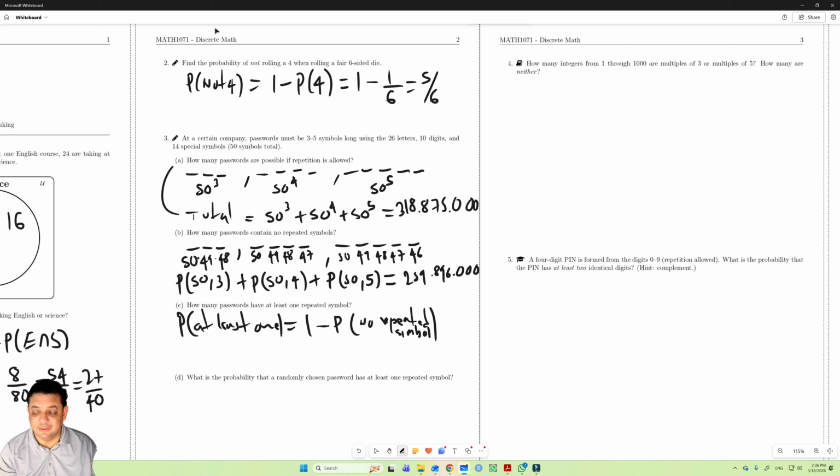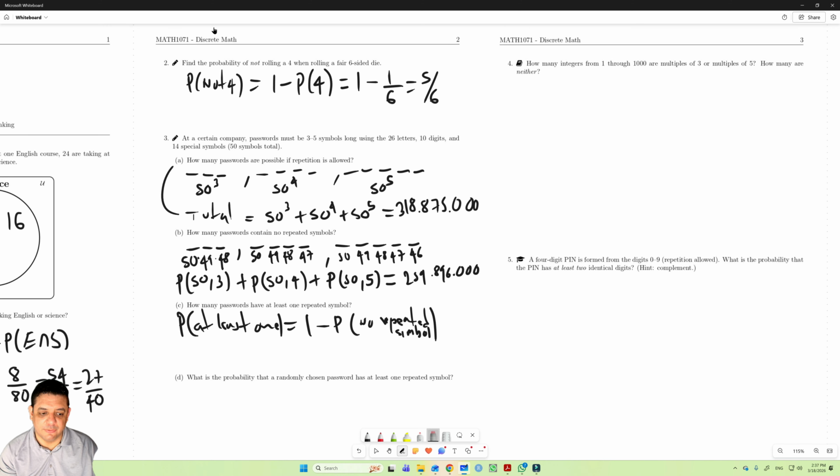Or, sorry, this is the probability, so I should be thinking more in terms of not the probability, but the set cardinality. Instead of using the probability, the number of at least one is equal to the total minus the number of no repeated symbols.